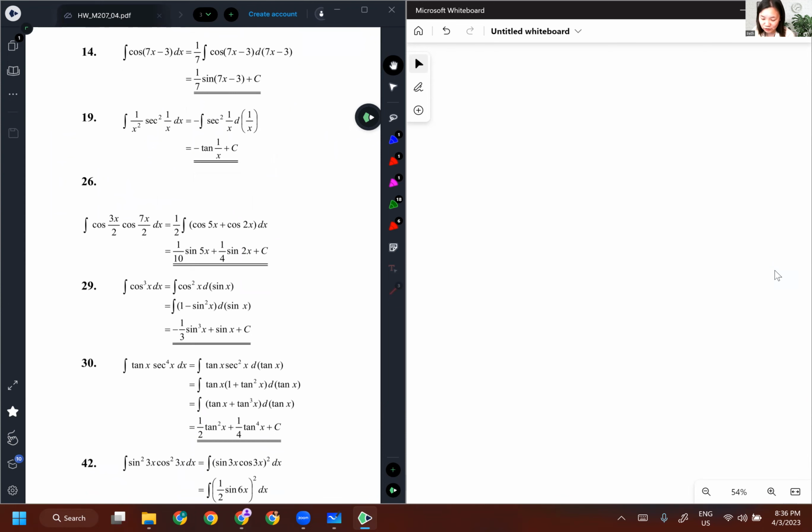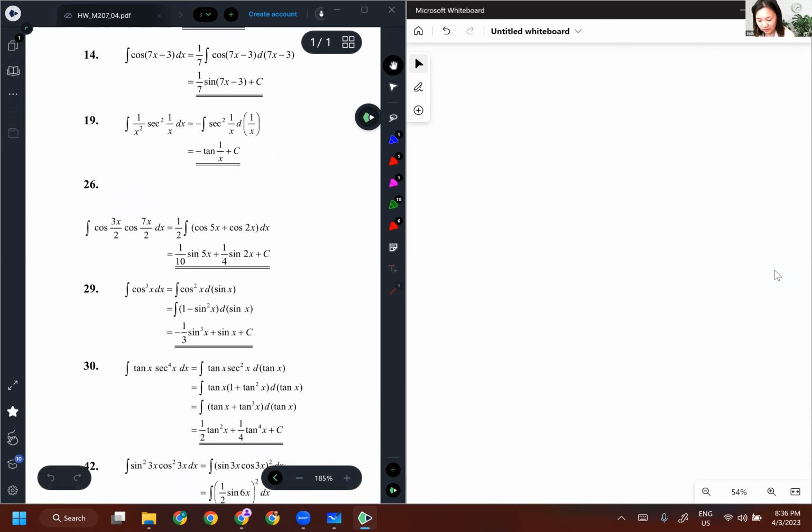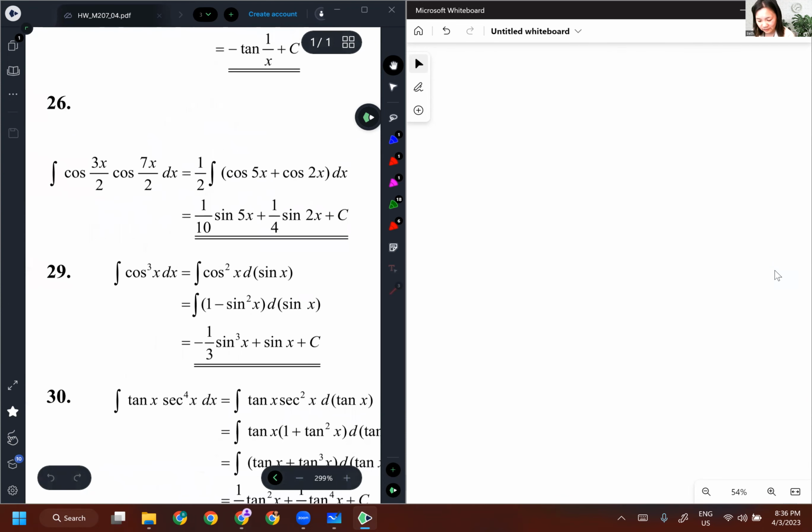Like here in question 29, I hope that you can easily get cosine x dx is d sine x. Sorry, I misspoke. It's cosine x dx can be replaced by d sine x. I think that's very obvious to you now.